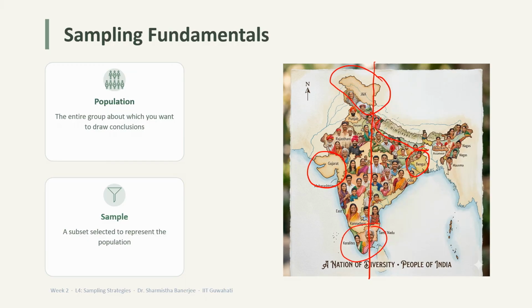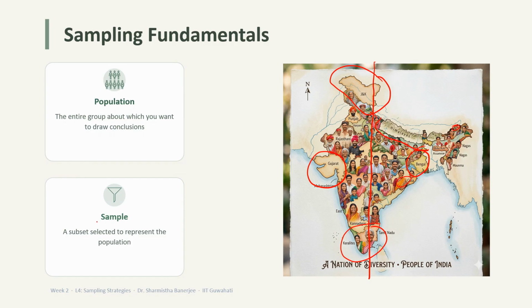Now, in order to do that, I have to take a subset of that particular population, and I have to ensure that the subset represents well the people of India. So, I might have to pick some people from Arunachal Pradesh, some people from Odisha, and some people from other states, and I have to also ensure that there is good representation of gender. In case my research also needs a certain kind of socio-economic context, then I have to also ensure that there is enough representation from each of the socio-economic strata.